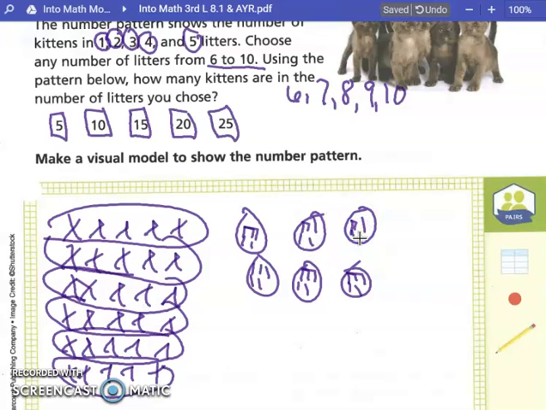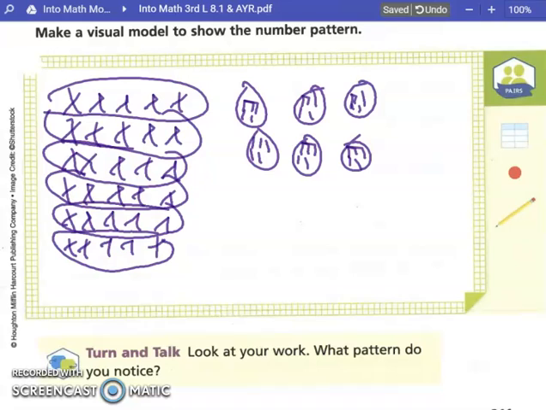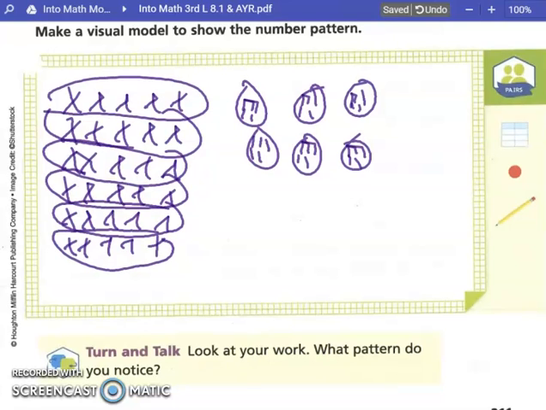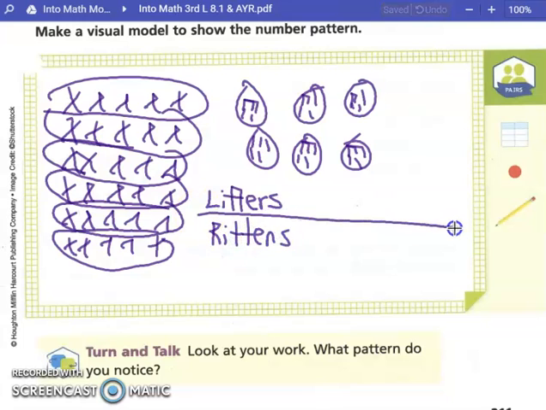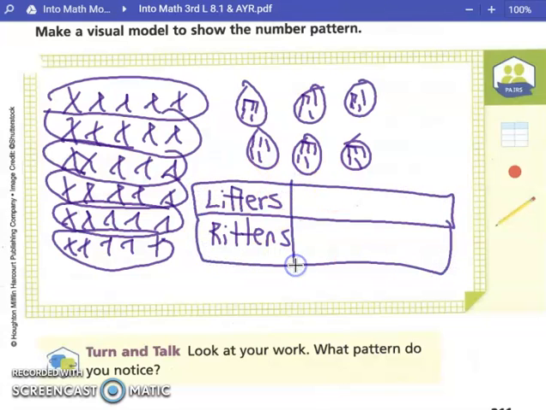Okay, and a lot of people chose 10. They had to do a lot more writing. You could have drawn a table that showed the litters and the kittens. So in our table, if I have 1 litter, I have 5 kittens.